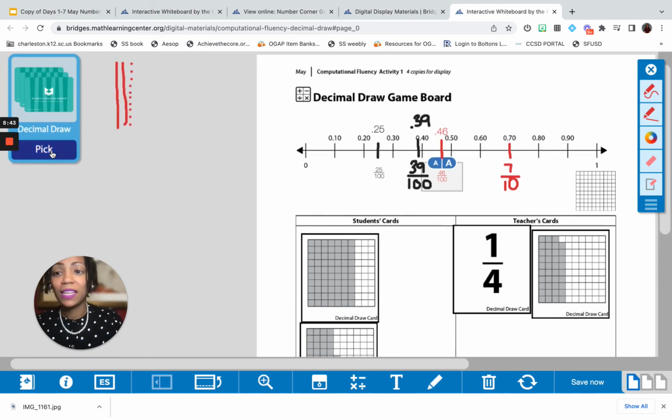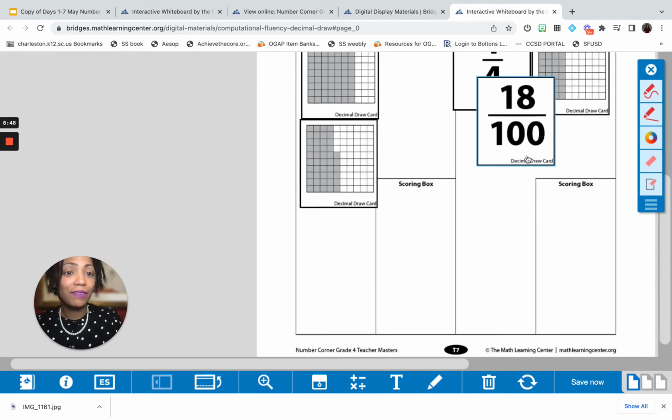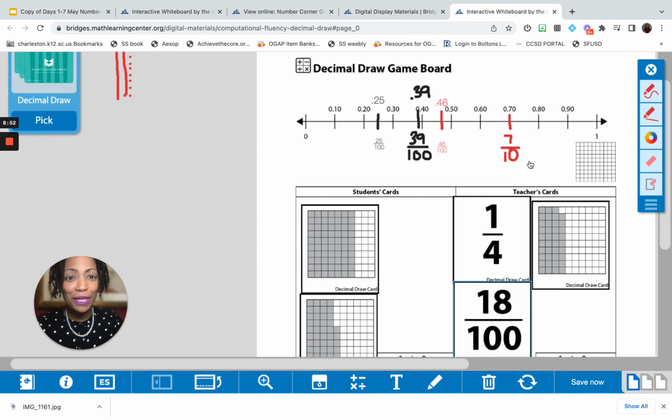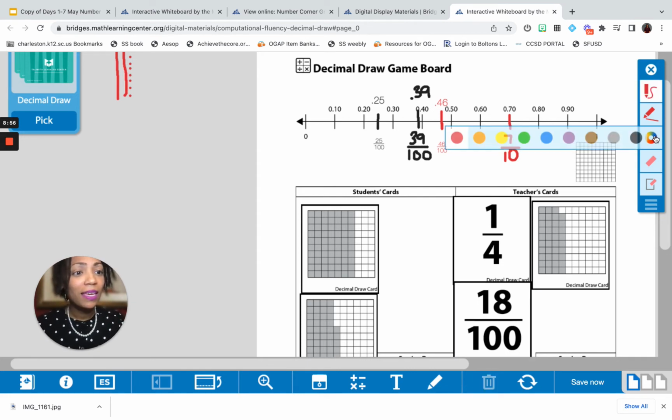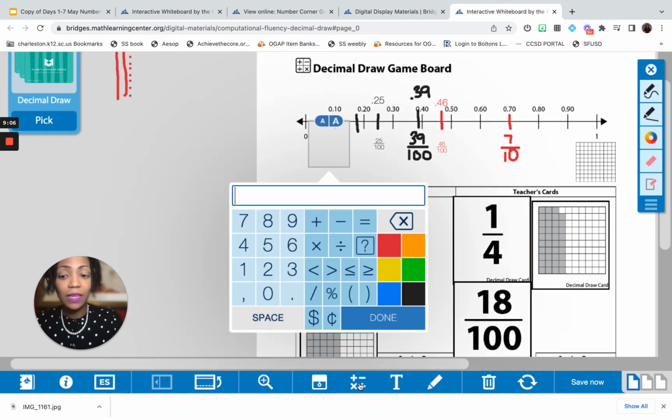All right, let me pick again. Get another fraction card, but this time it has a denominator of 100, which makes it really easy for me to put it in decimal form. I know it's less than 20. It's close to 20 hundredths, so maybe it's about right here. And I'll go ahead and fill it in.